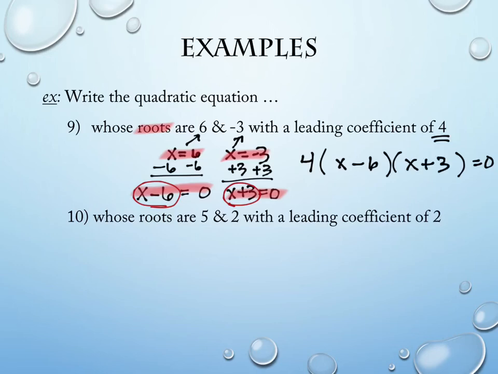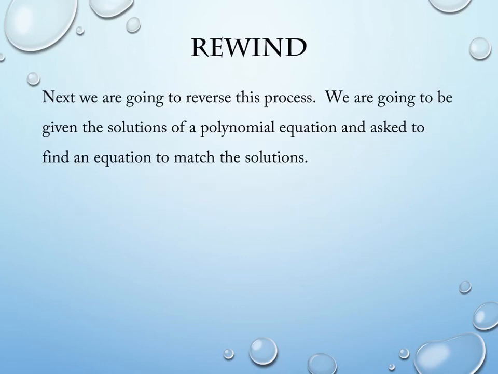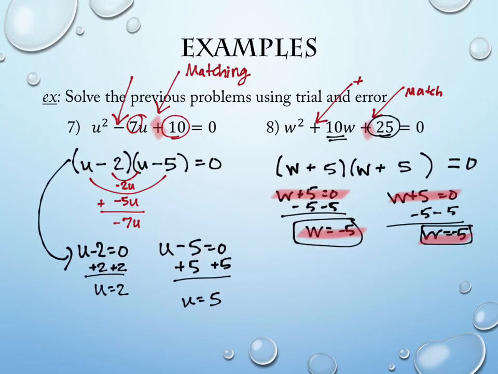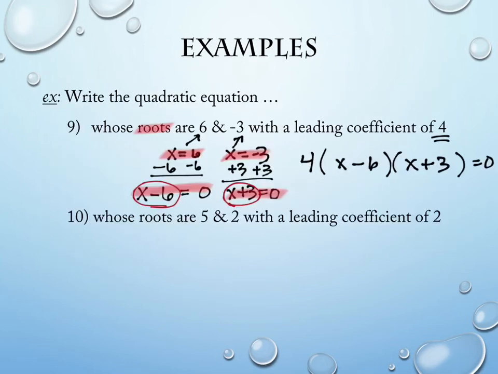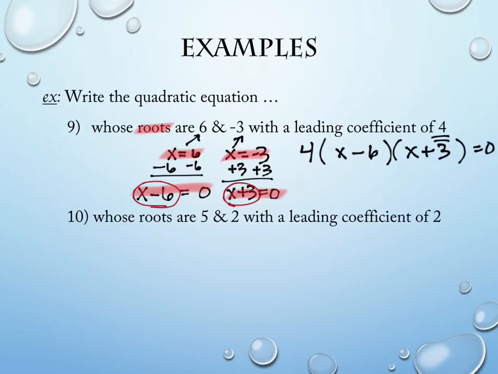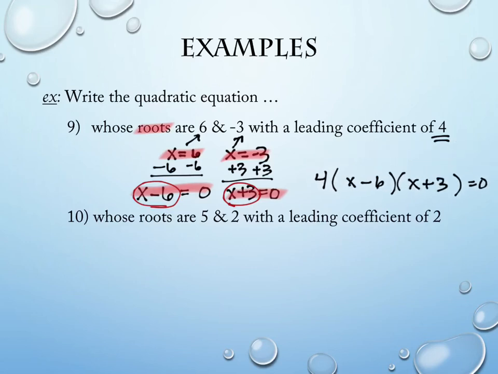This is the equation I'm going to be working with. But I want it in a form that looks like the questions that were given over here. Right? I want to distribute it all out. So we're going to do a little bit of algebra to distribute that on out.